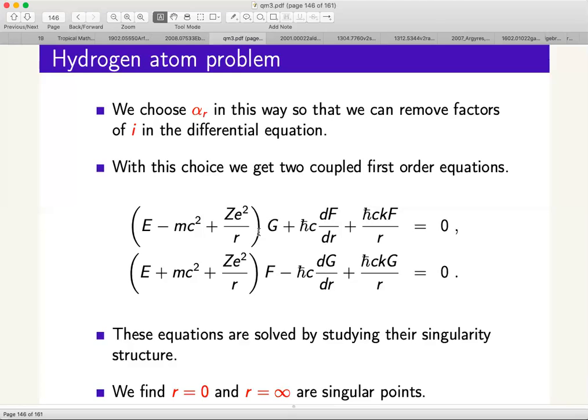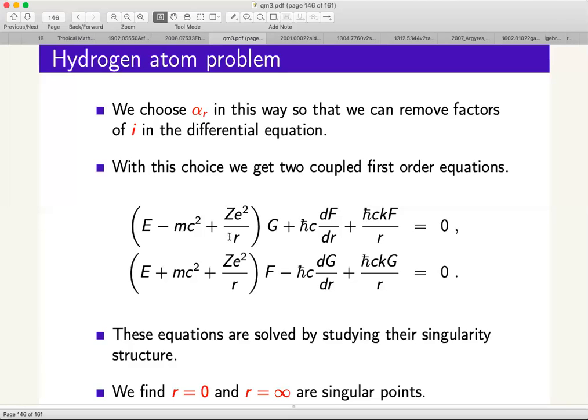But the first derivative of g can be replaced by these quantities. So dg by dr can be written in terms of this times f and this quantity times g, and you can plug it up there.